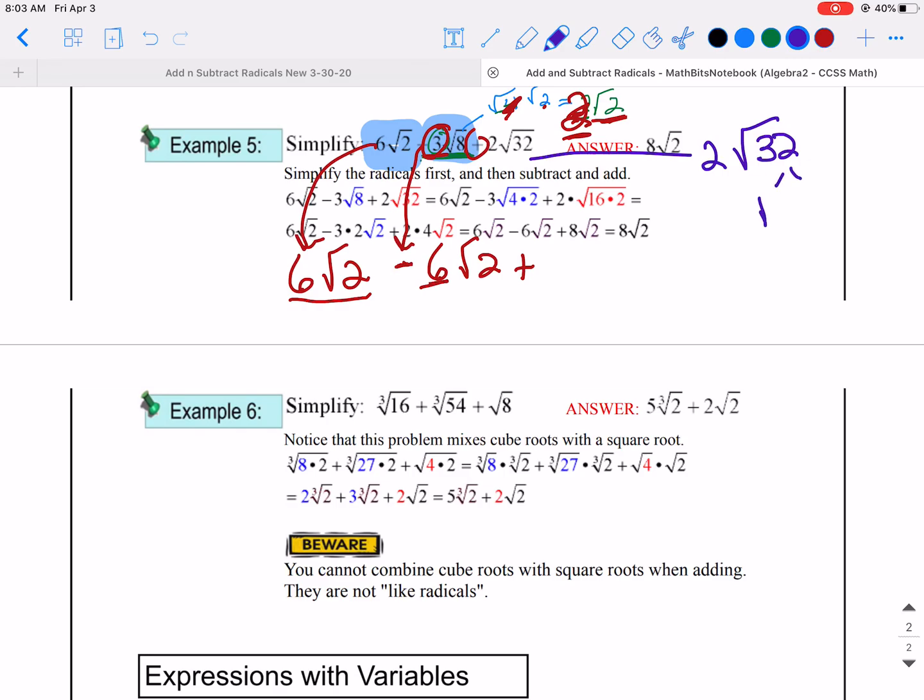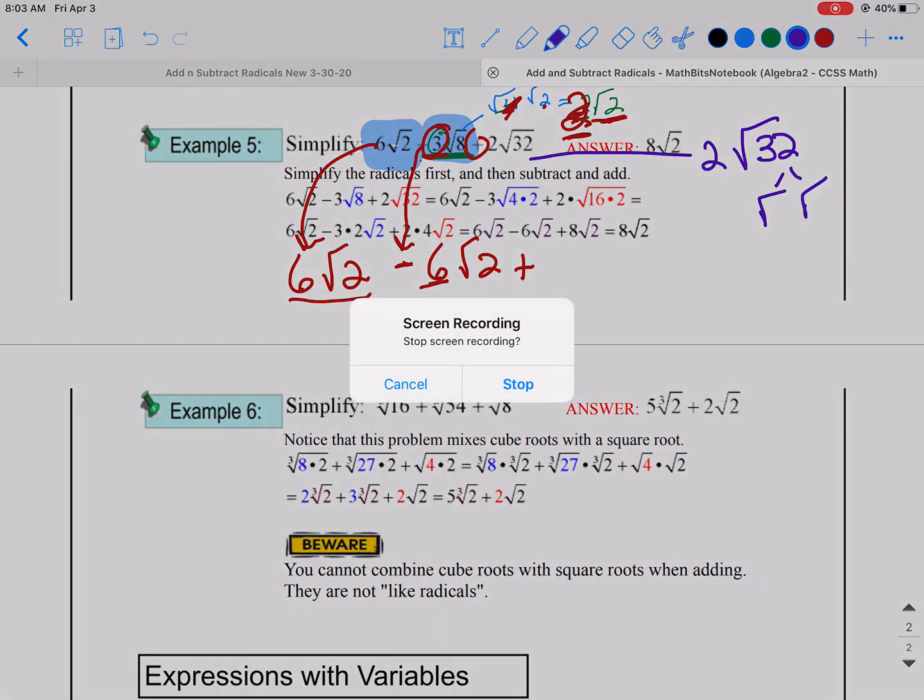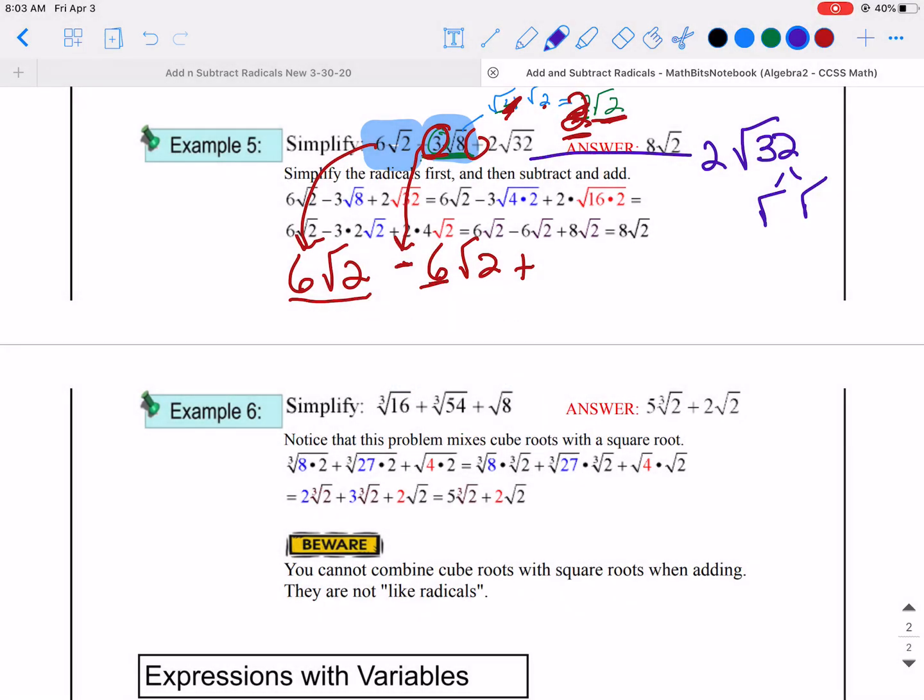That will break down. Let me find a perfect square that will go into 32. Again, I want the largest one, so I'm going to see if 16 will go into 32. 16 times 2, I don't have a calculator up here. I think that works. So radical 16 times 2.